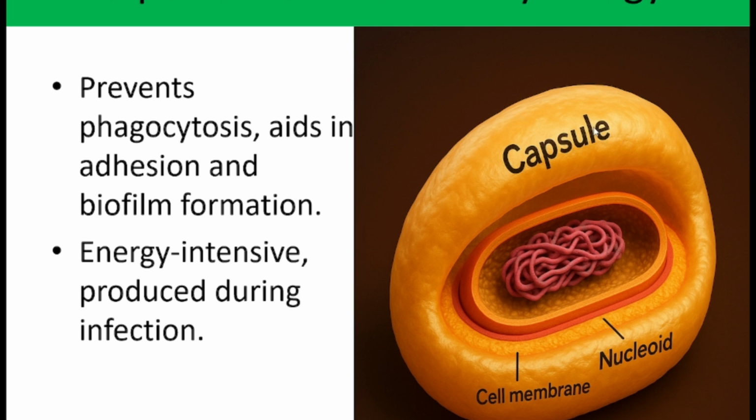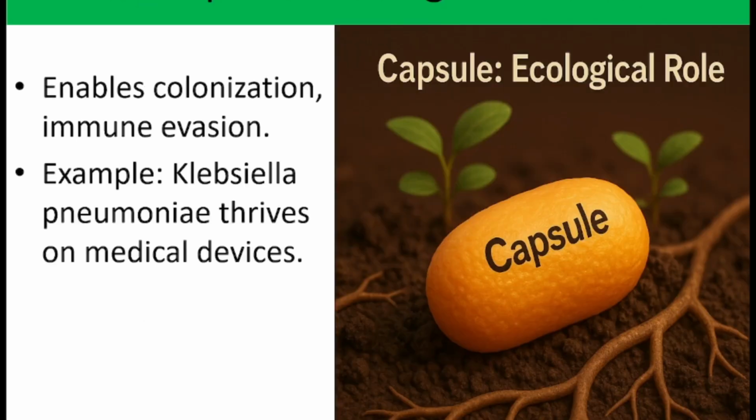They discovered that some capsulated organisms were more virulent than the non-capsulated organisms, because the capsule exerts an additional virulent role on the bacteria that contain it. It also helps in colonization and immune evasion.